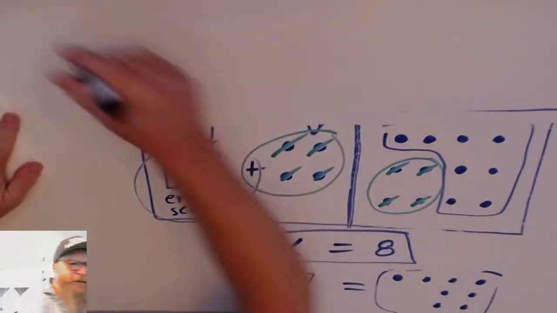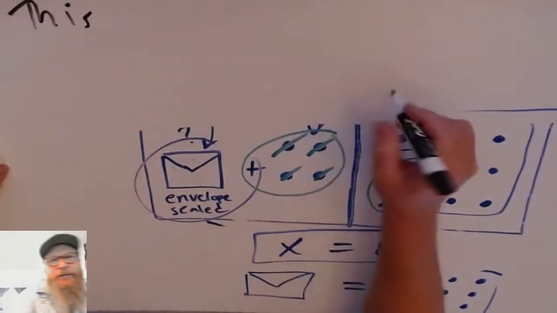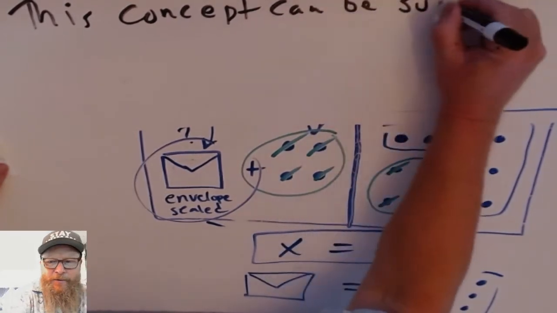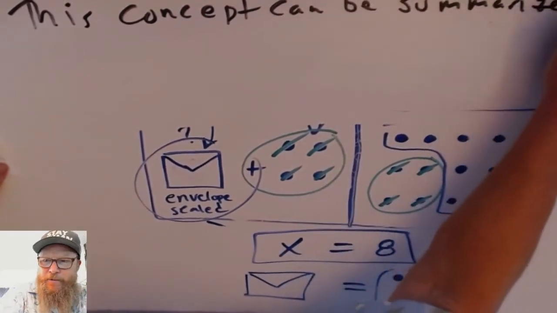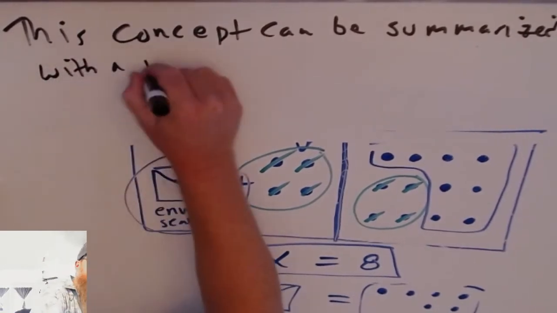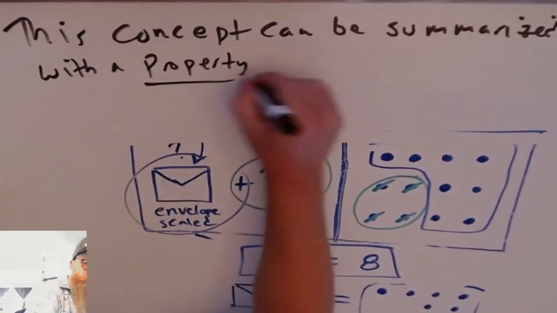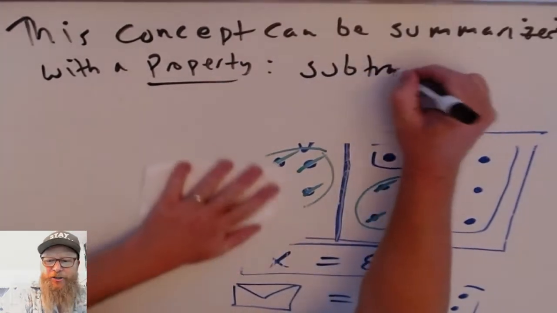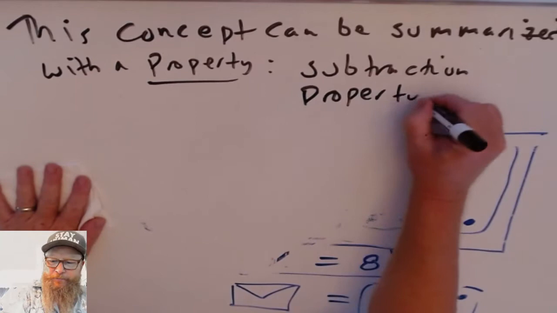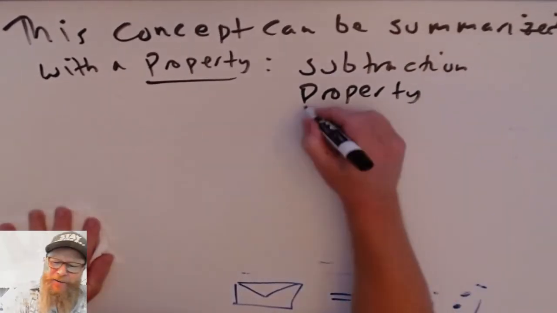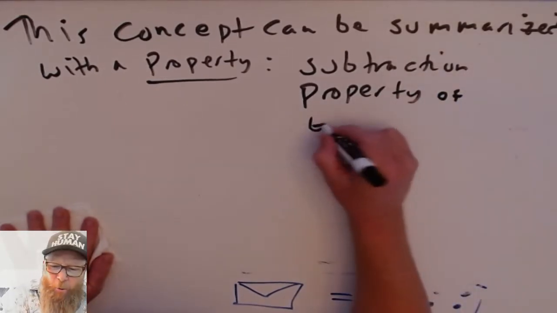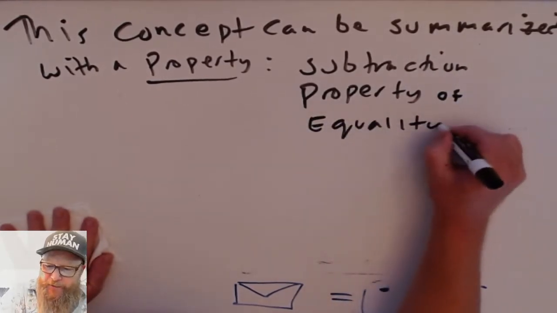So this concept can be summarized with a property. This is called the subtraction property of addition. I'm sorry, the subtraction property of equality. That's what it's called.